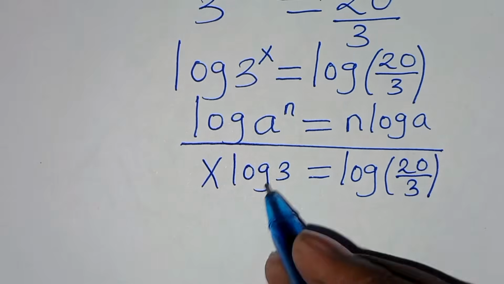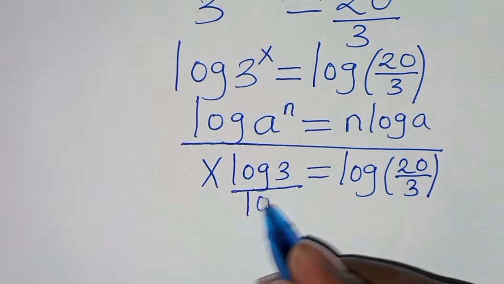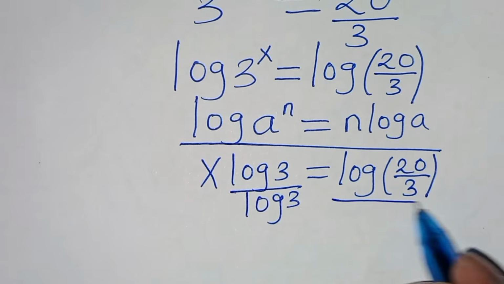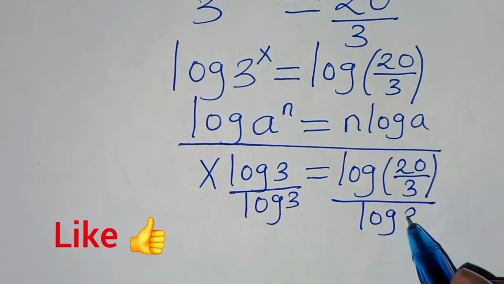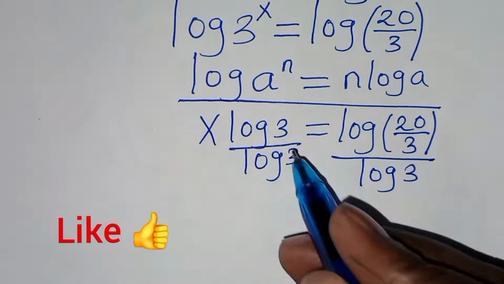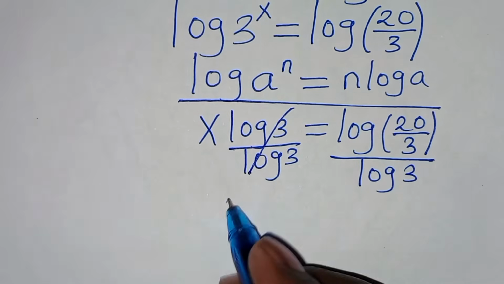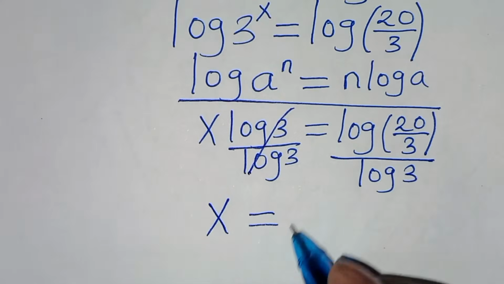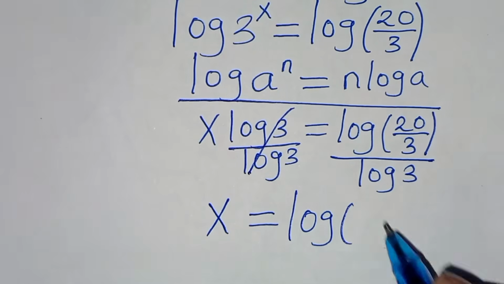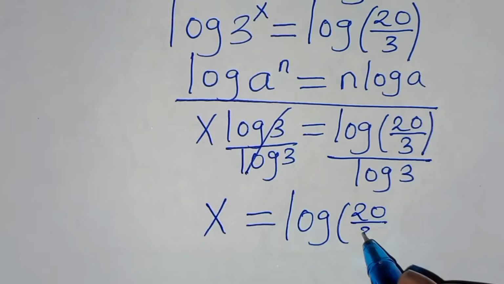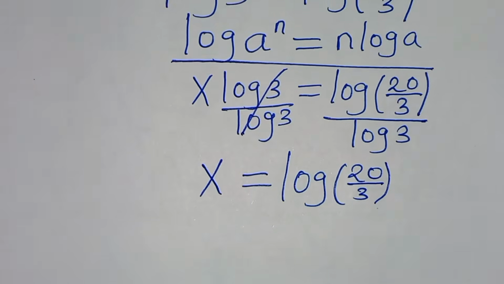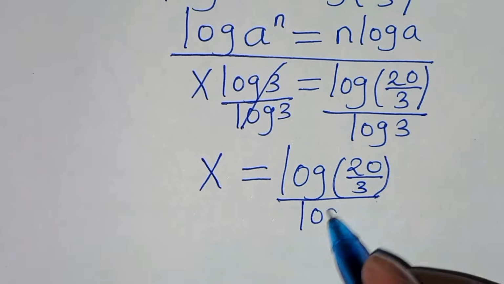So let's divide both sides by log 3, so that x is equal to log 20 over 3 divided by log 3.